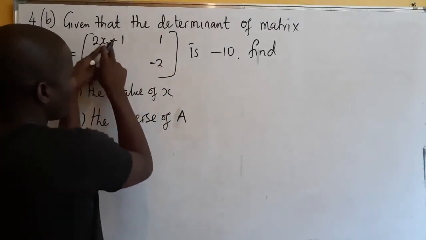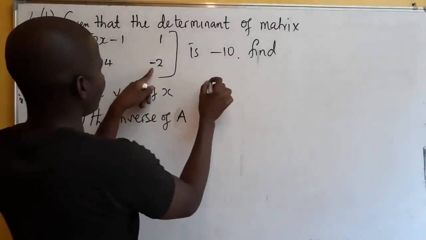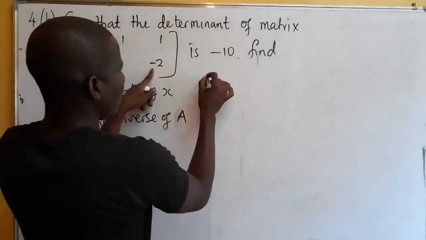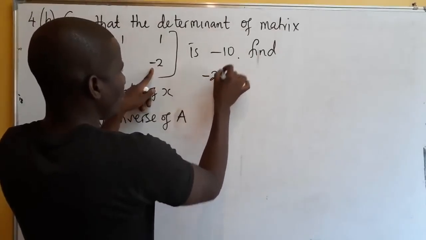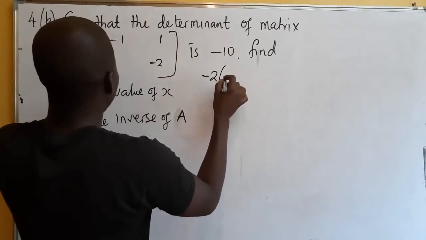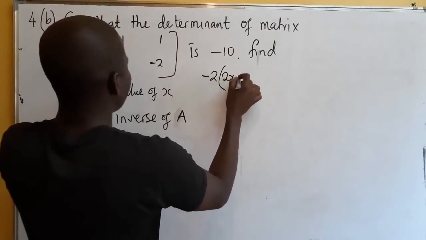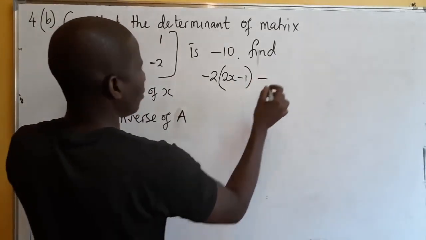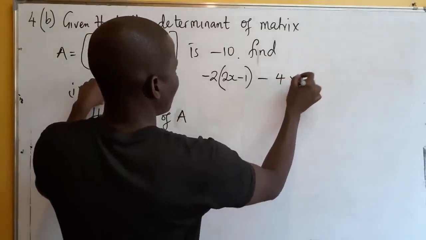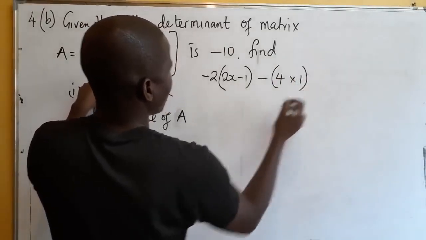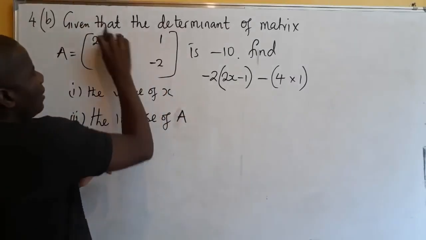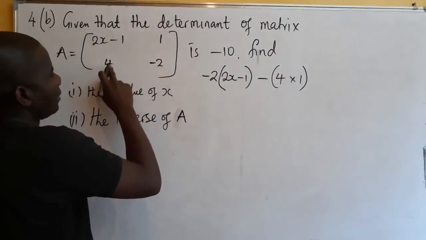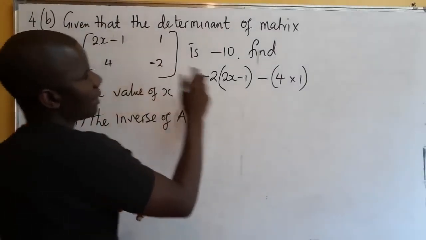We multiply this one by this one, which is going to be -2 multiplied by 2x minus 1, minus 4 multiplied by 1.